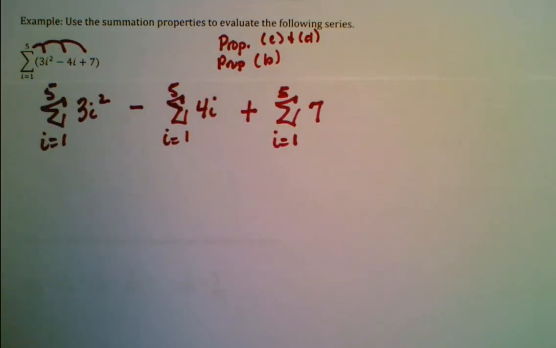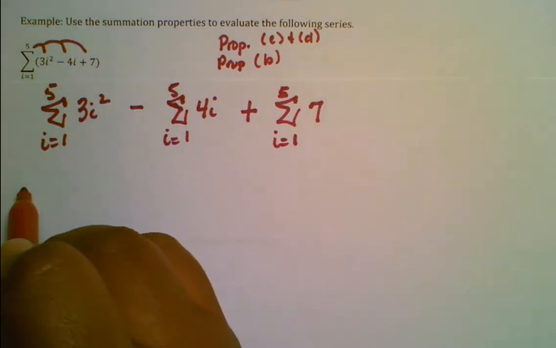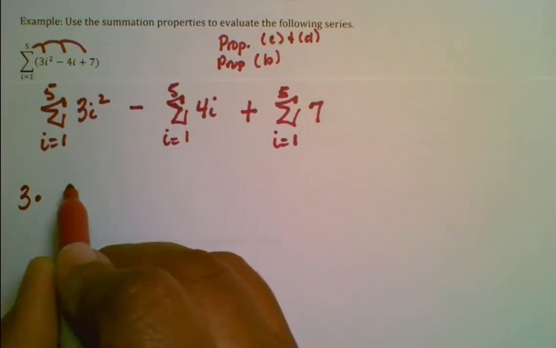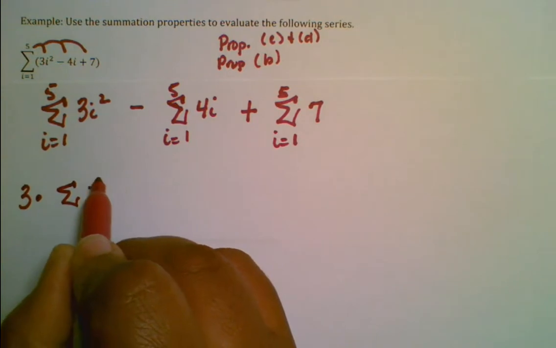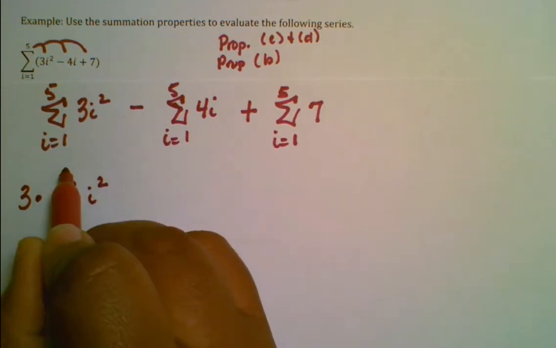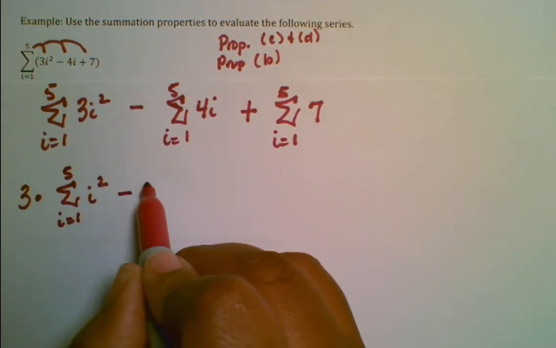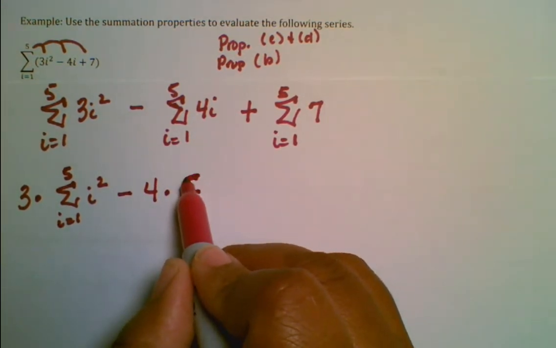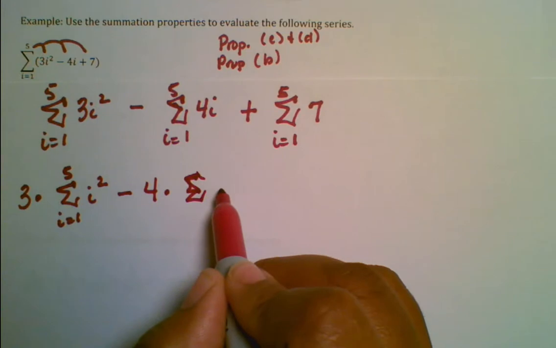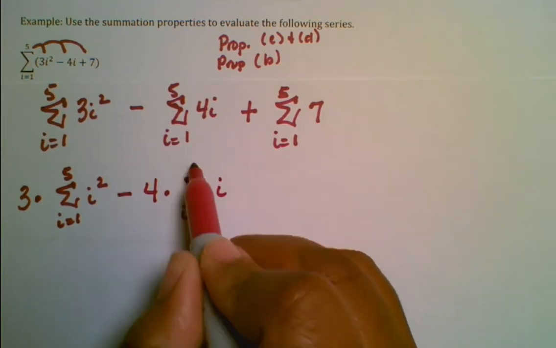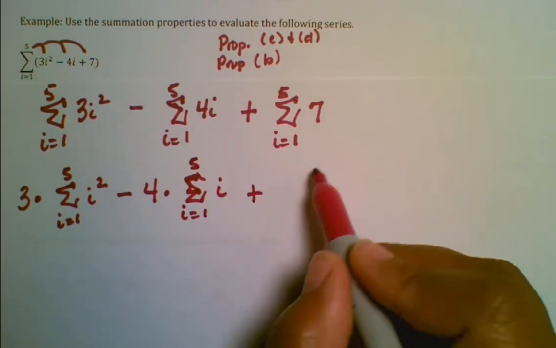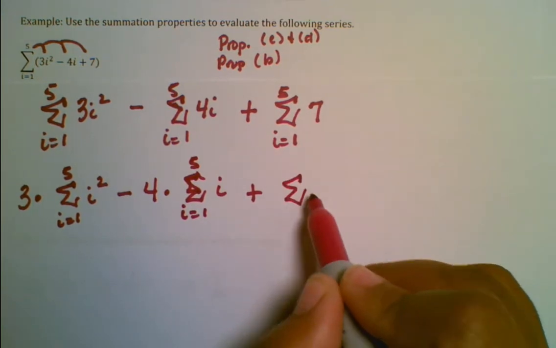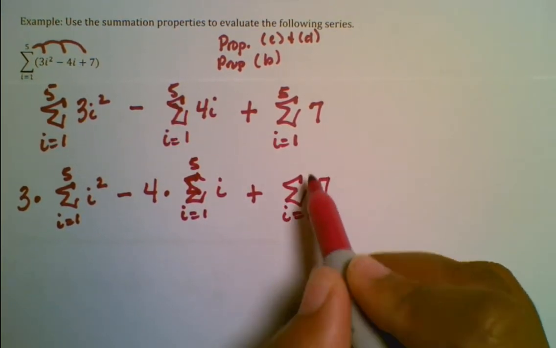So we have here 3 times the sum of i squared as i goes from 1 to 5, minus 4 times the summation of i as i goes from 1 to 5. And then we keep our constant here, summation of 7 as i goes from 1 to 5.